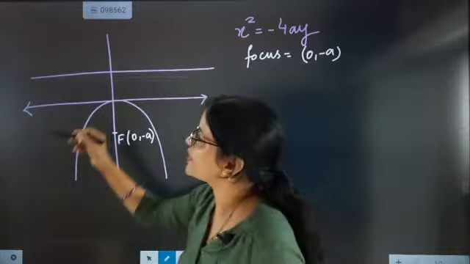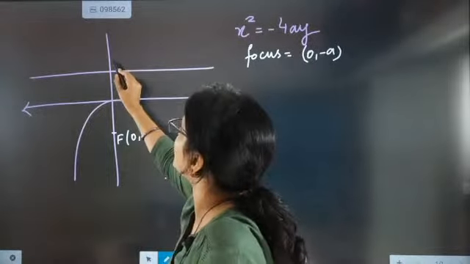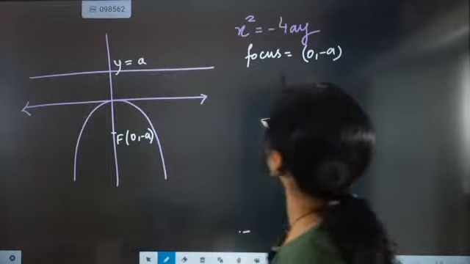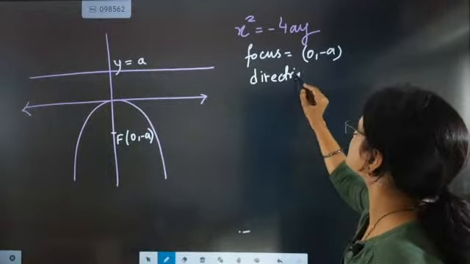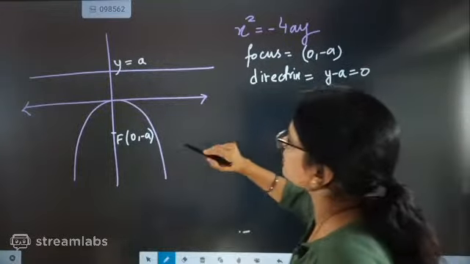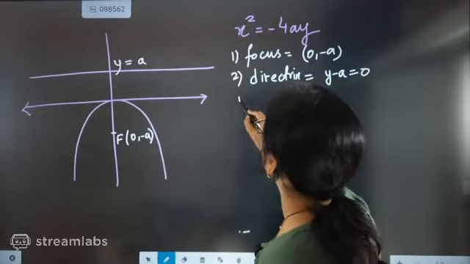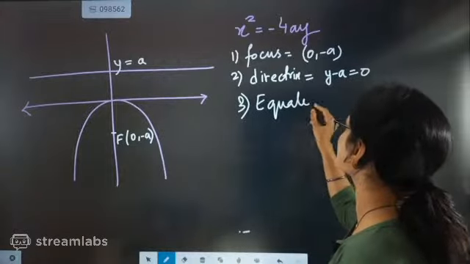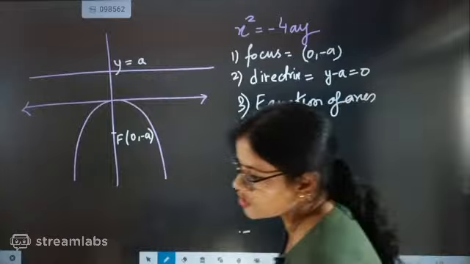Now the directrix equation. Since the parabola is opening downward, the directrix will be y equal to a, beta. So directrix will become y minus a equal to 0. Now what will be the equation of the axis, beta?